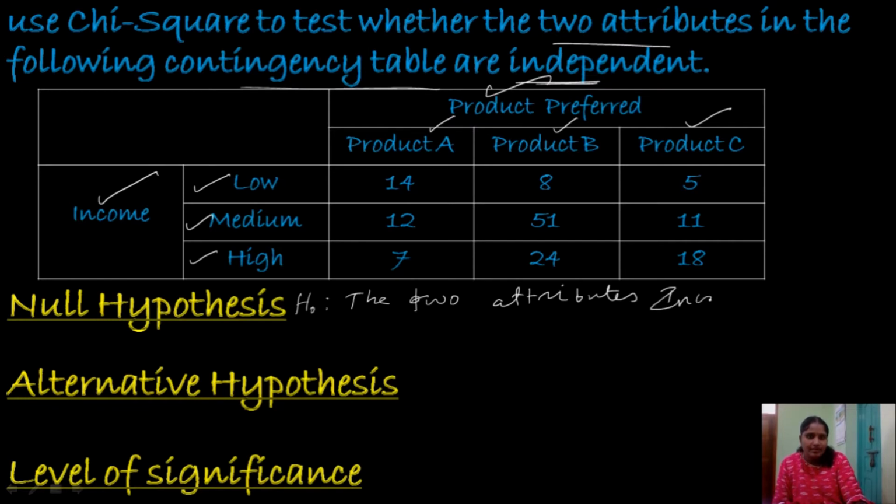income level and product preferred are independent.